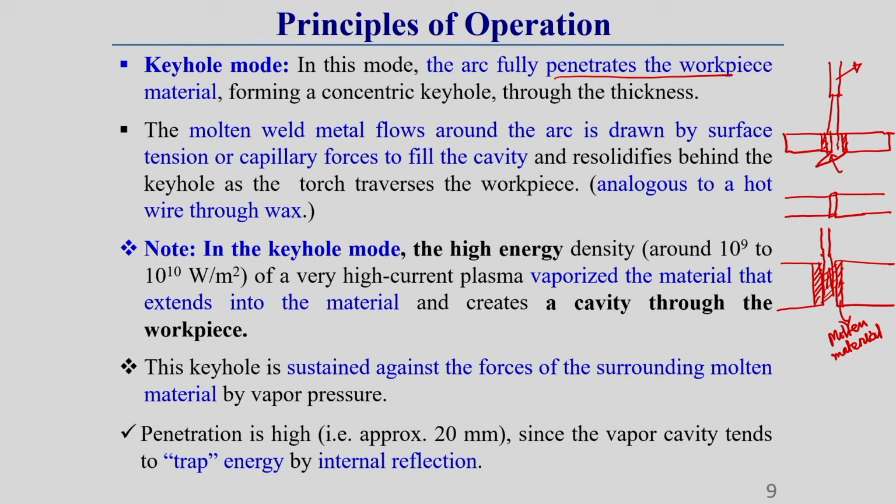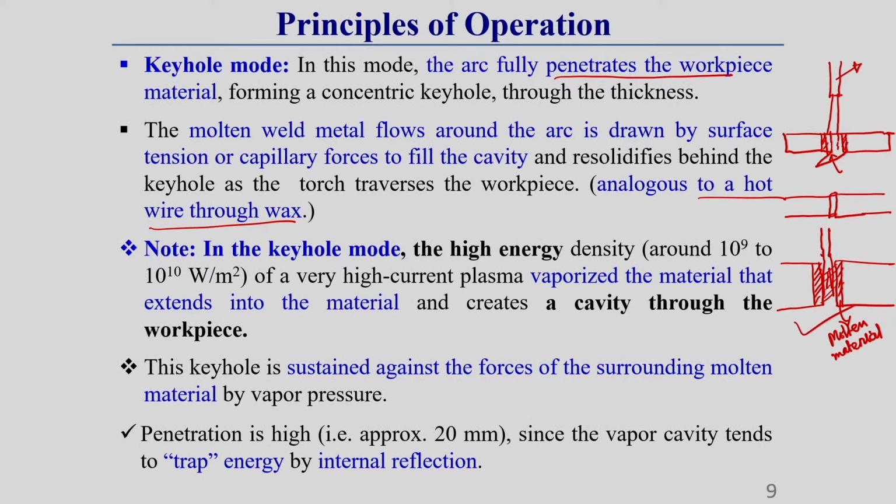Once it fills the gap, as there is no arc, because the arc has already moved away from this region, it starts cooling, solidifies, and welding is done. You can compare this with a hot wire moving through wax. If a hot wire moves through wax, then as the wire moves away, behind the wire the wax starts joining. A similar thing happens here also. This is a very important phenomenon in the plasma arc welding process. Okay.